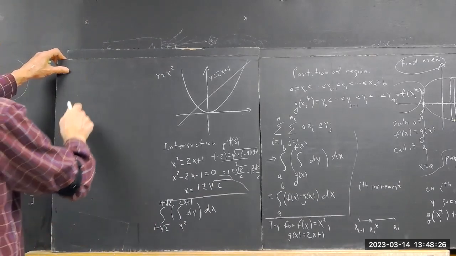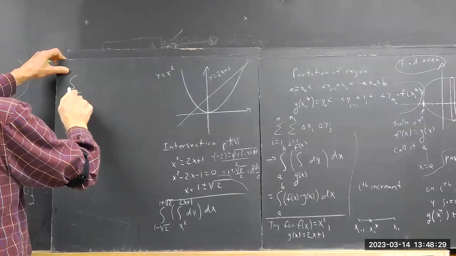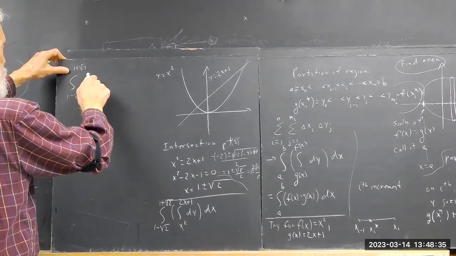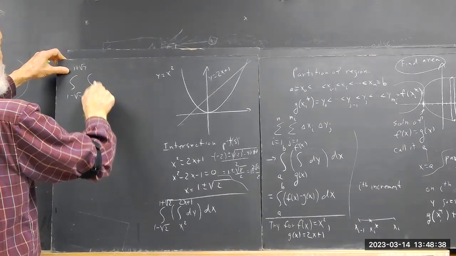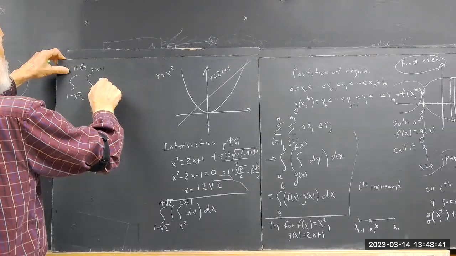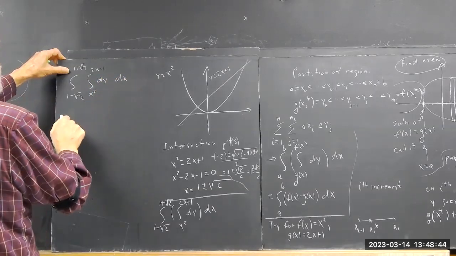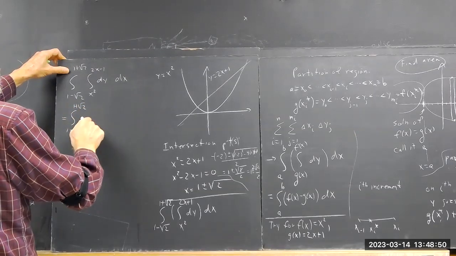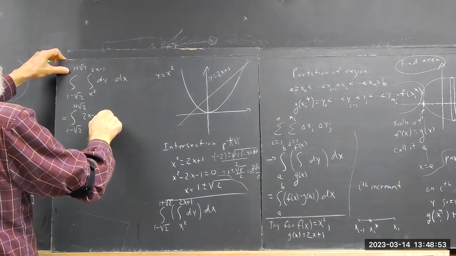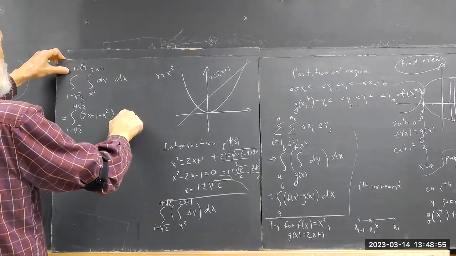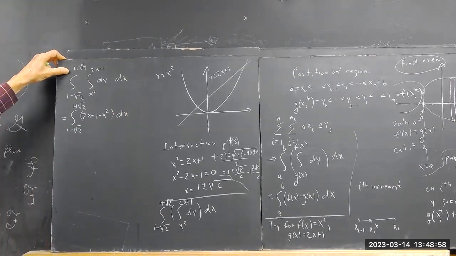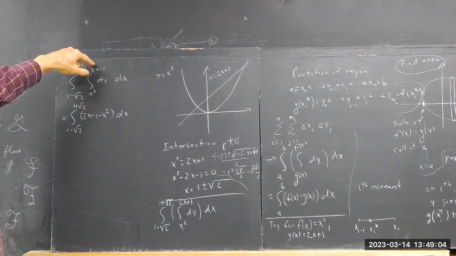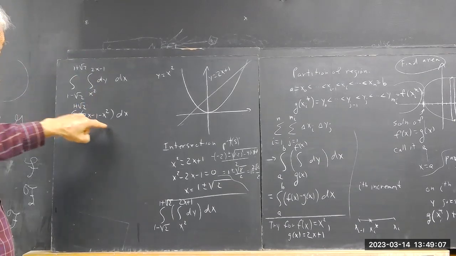Go ahead and do it quickly. Okay, this integral is just y evaluated between here and here. It's going to be this minus this. There it is.